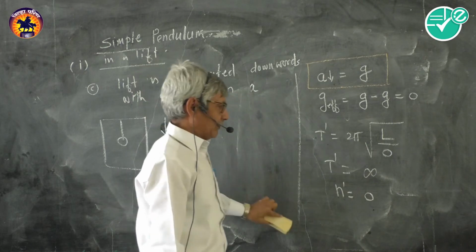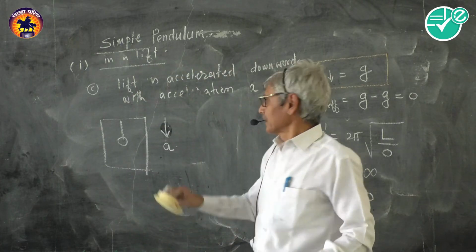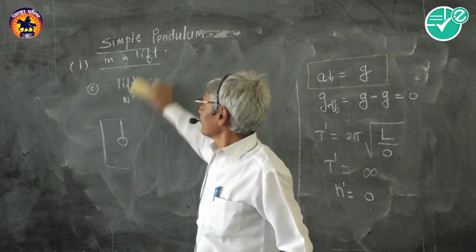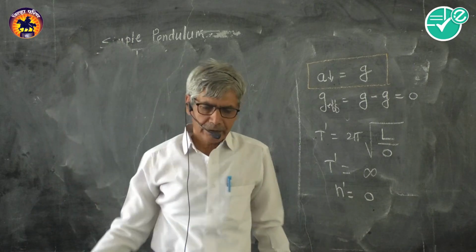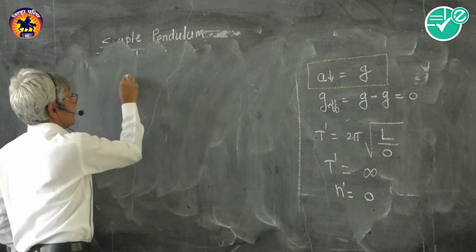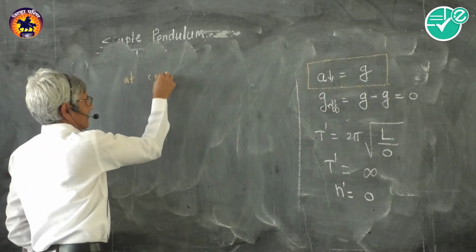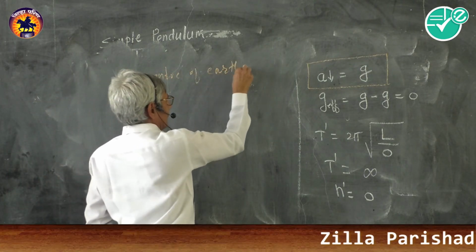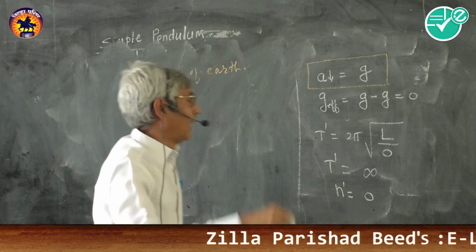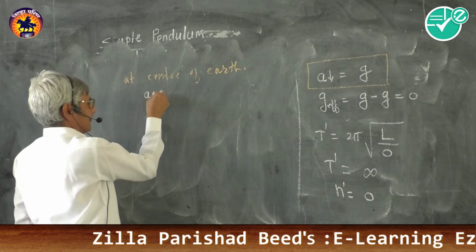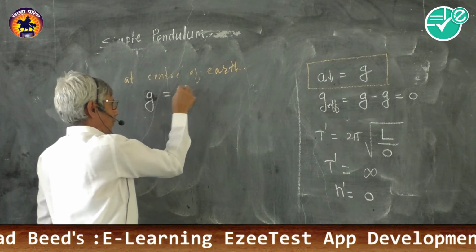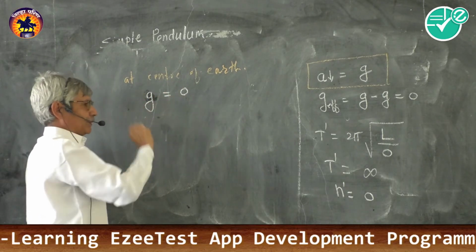This is the same situation which happens at the center of the earth. At the center of the earth, acceleration due to gravity g will become 0.